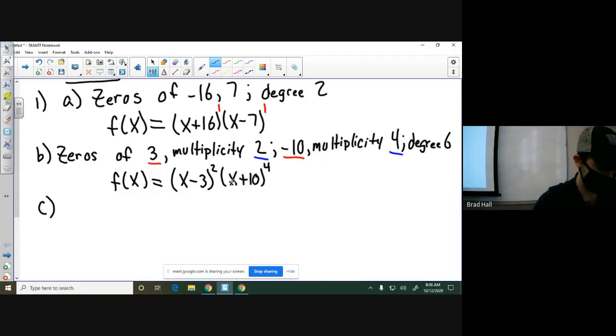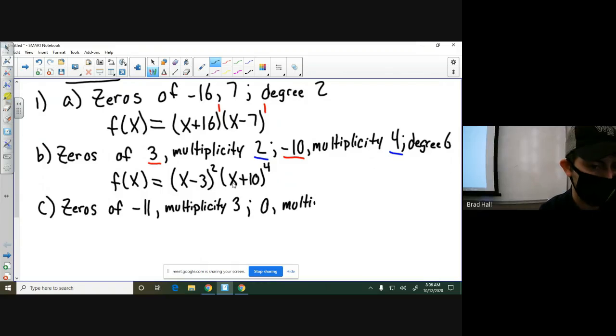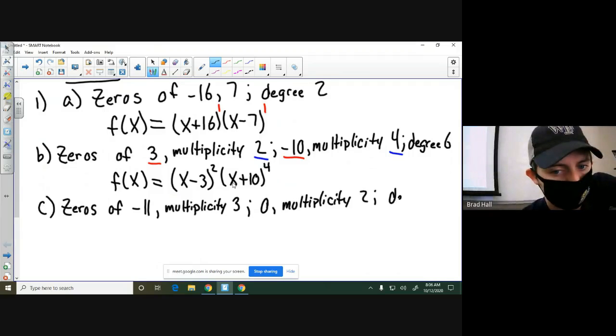So part C will give us a bit of information, zeros of negative 11 with a multiplicity of 3, then 0 with a multiplicity of 2. And they tell us the degree is 5.